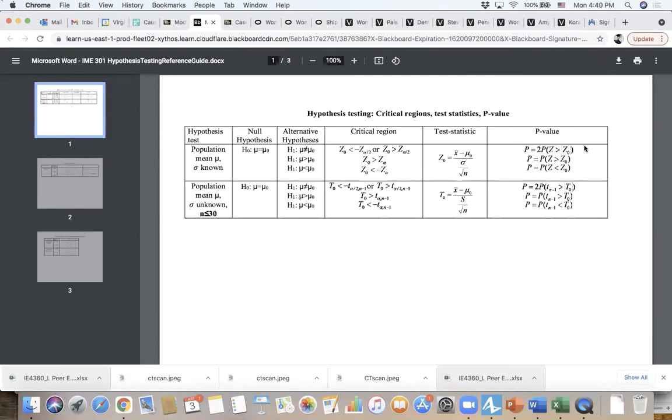Yes, because in the table it's going to be z less than z naught. So in order to get that, we usually say 1 minus the probability, but we have this 2 in front now. Do we say 1 minus 2p or 1 minus p, the whole thing times 2?